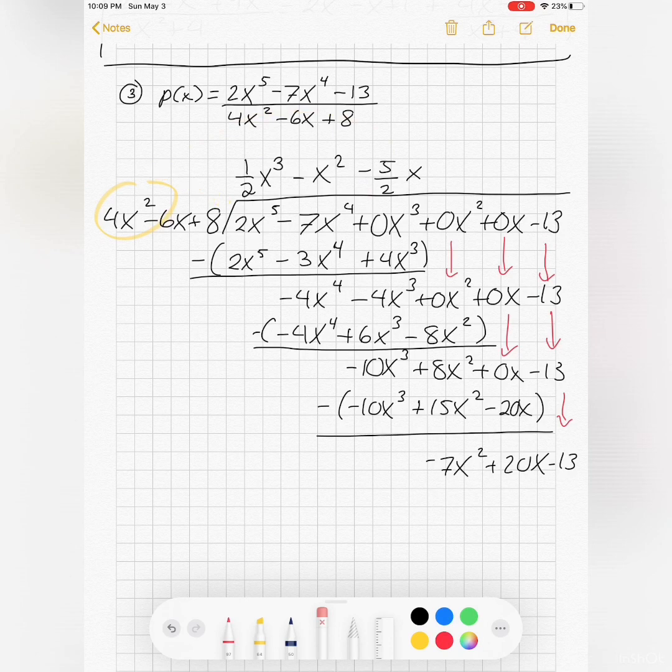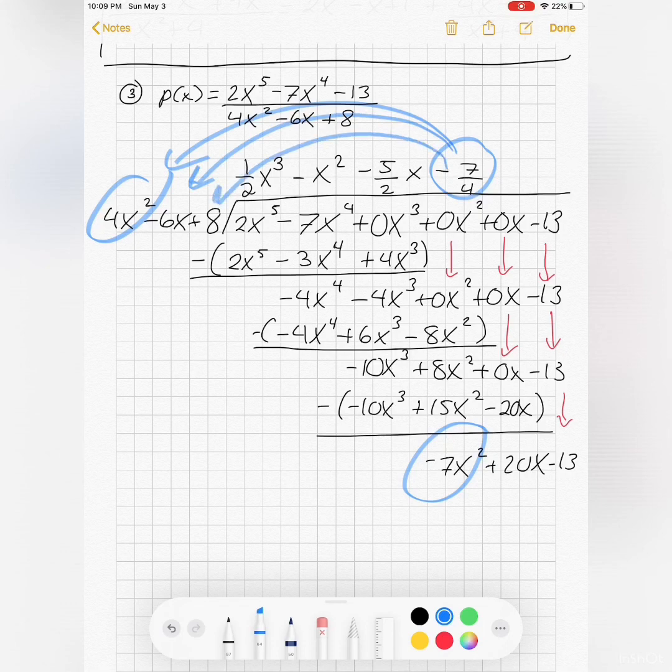And then one more time, looks like. Now I've got to do negative 7x squared divided by 4x squared. Negative 7 over 4. Okay. Distribute. So that's negative 7x squared.